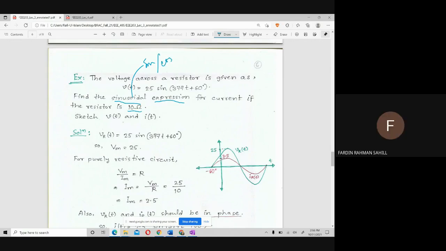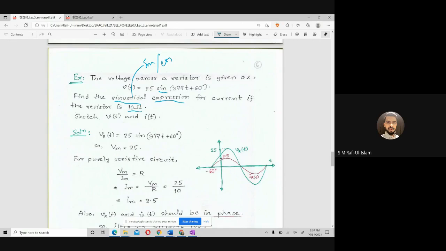As I said a few minutes back, since this is given in terms of sine, you don't need to change anything. Just keep it sine. But if you convert it to cosine, I have no problem. But the final expression has to be given in the same form as the original expression. Either both will be cosine or both sine.